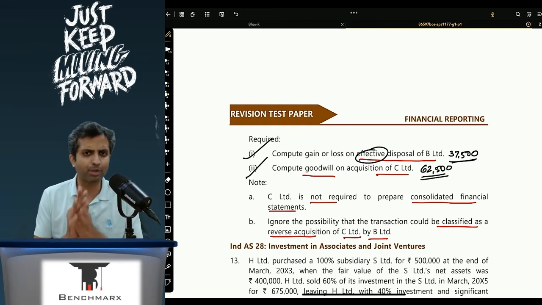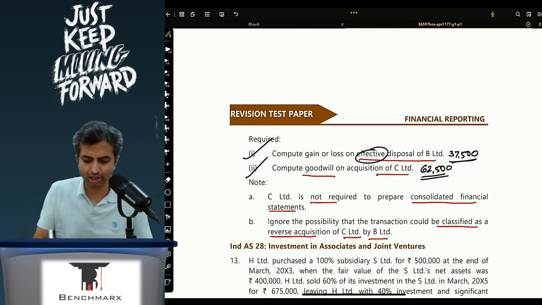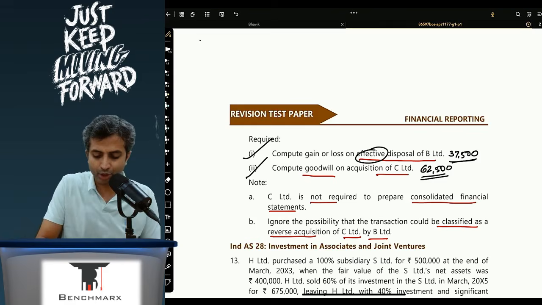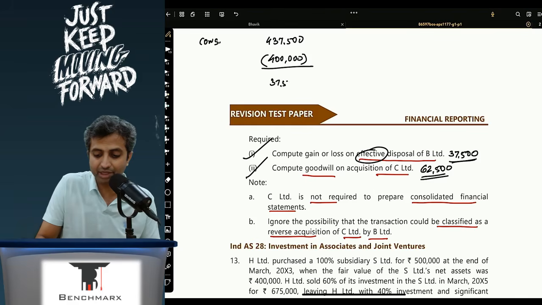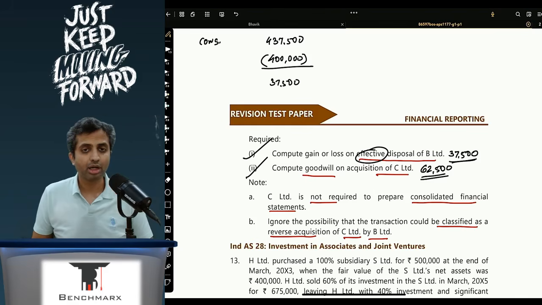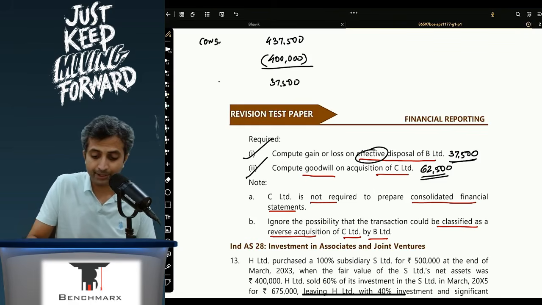Now the institute does not pass any entries. They do some working, like comparing to find a gain or loss. They compare the consideration that I get on selling B, that is 437,500, with 25%, that is 4 lakhs, and hence 37,500 is a gain that goes into other equity.